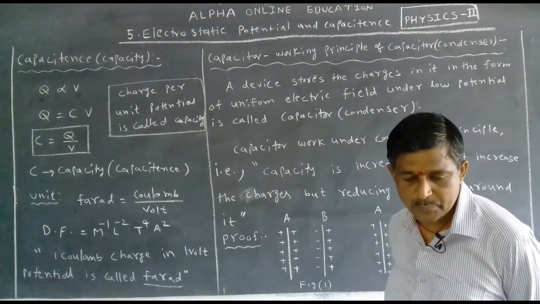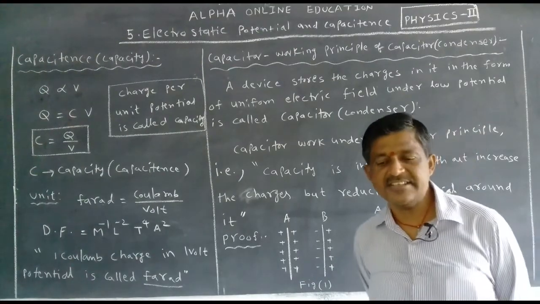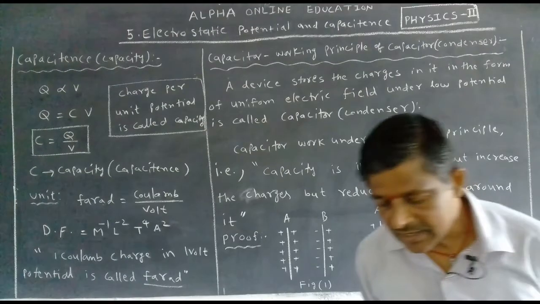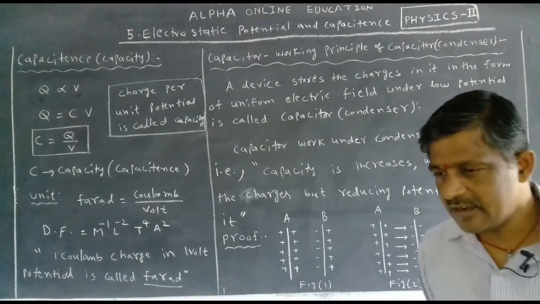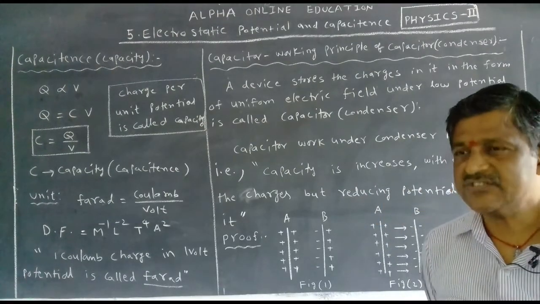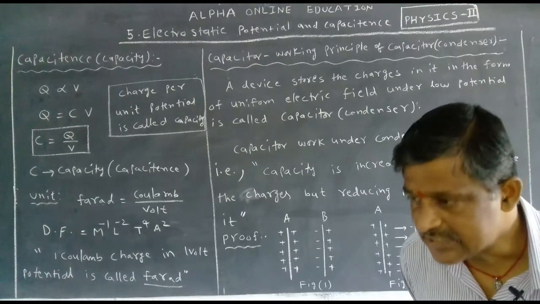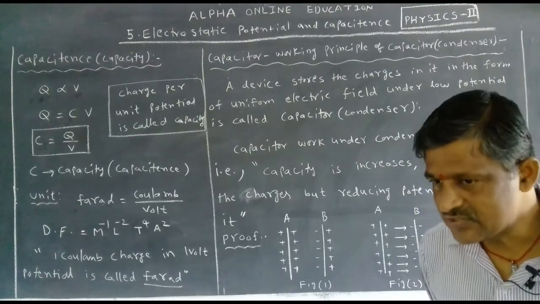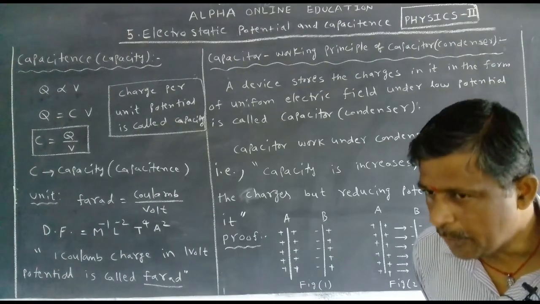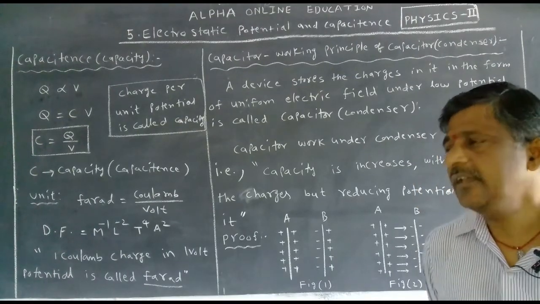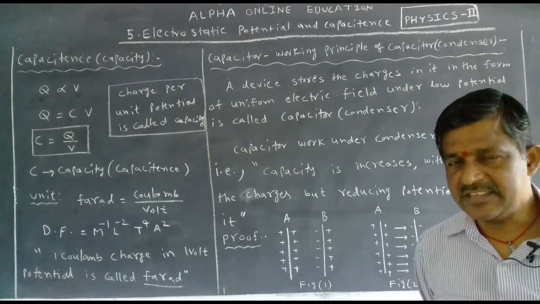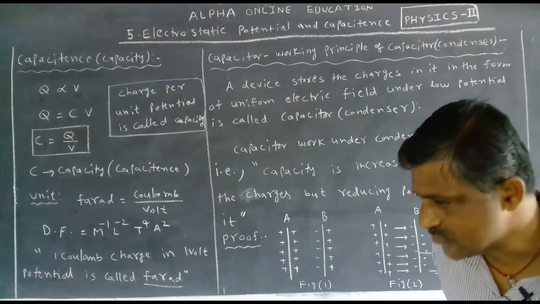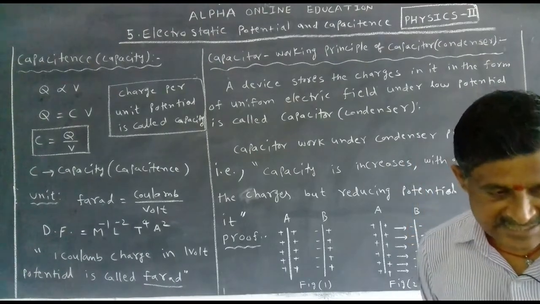The instrument or device which has the capacity or capacitance is called a capacitor. Capacitor is the instrument. Capacity is the property in it. The capacitor is also called a condenser.